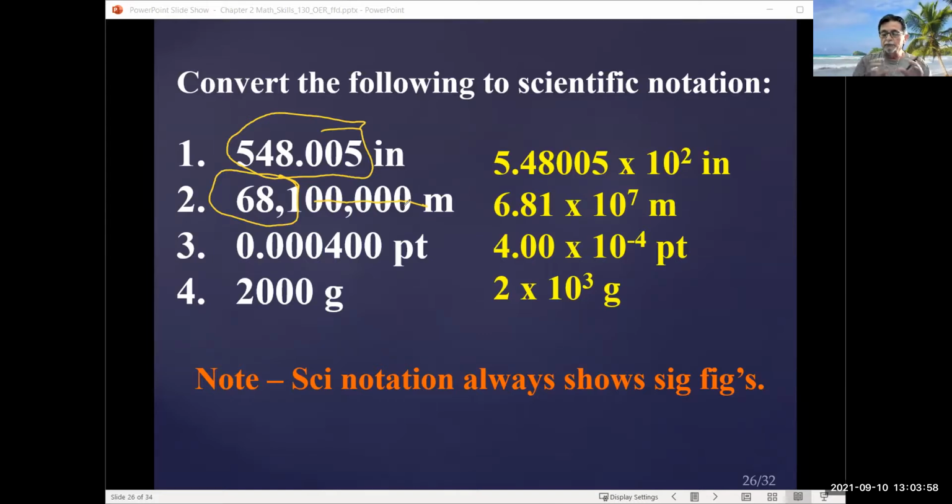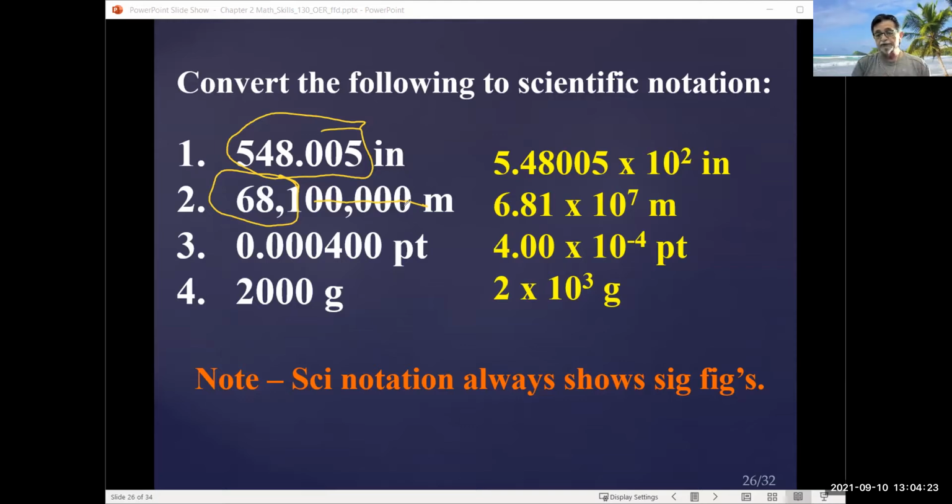Okay, it's all about presenting your final number with the least accurate number of digits that was used to do what mathematical function you had to do to get to that number. You can't be more accurate than the least accurate digit that you used.